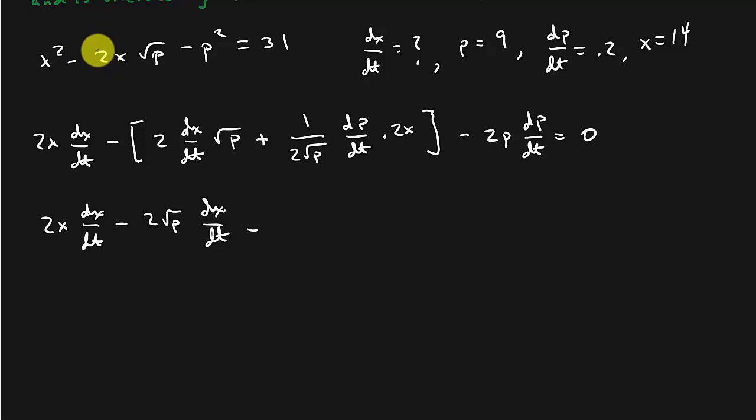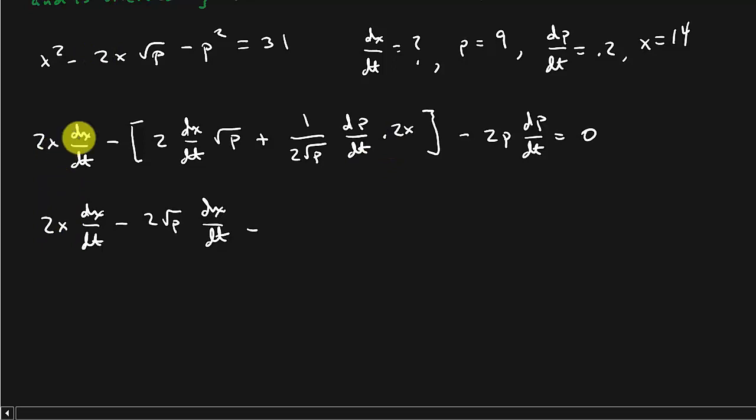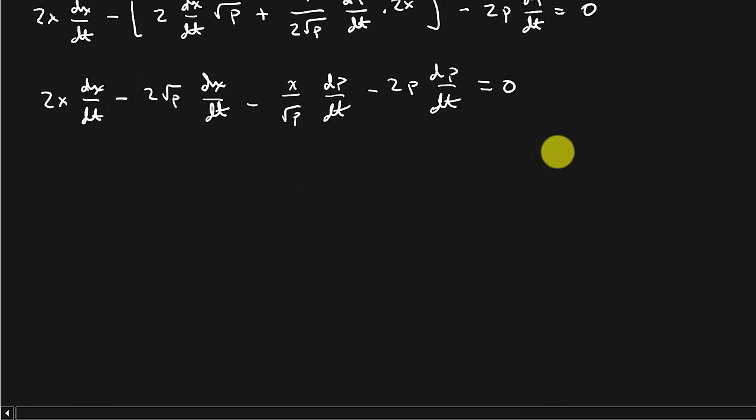So I've got the 2x dx/dt, distribute the negative, so it's minus 2 square root of p dx/dt minus, and that's going to be x over the square root of p dp/dt minus 2p dp/dt equals 0.